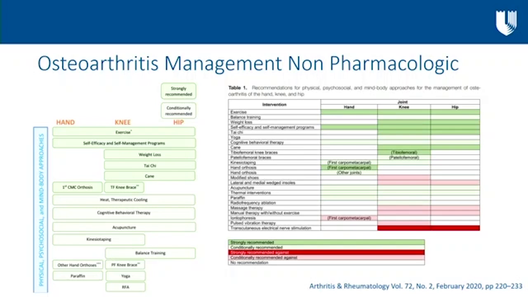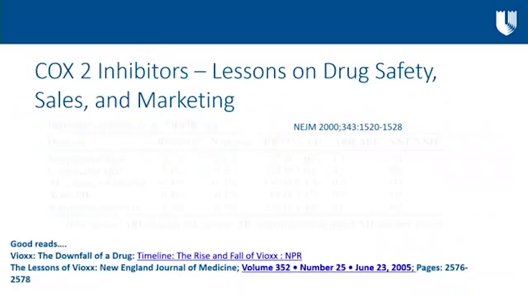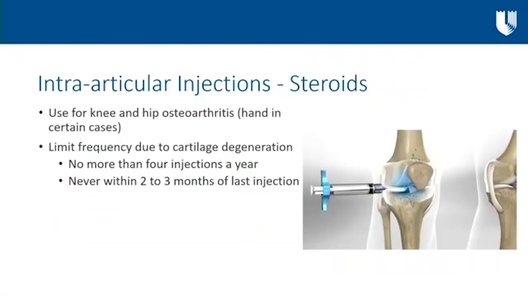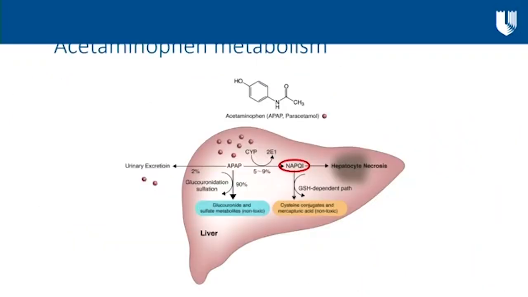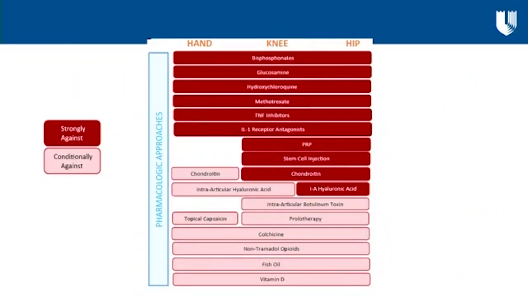I saw that PRP was strongly against for knees and hip, but not for hand. What's the deal with not hand? That's a very good question that there is no way in the world that I can answer for you other than to look through the data that they put through for that in the guidelines.